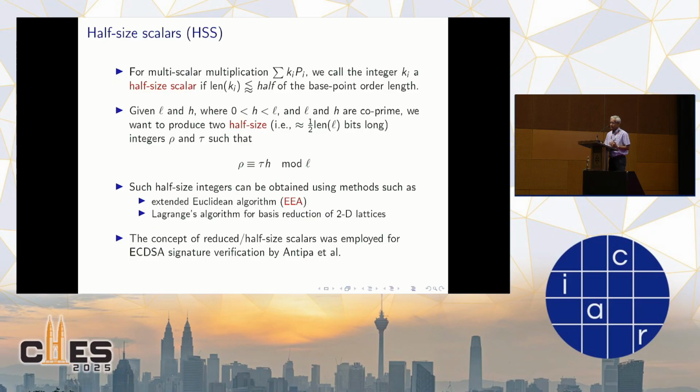One can also use the Lagrangian algorithm for basis reduction of two-dimensional lattices. And actually, this idea was proposed probably about 20 years ago when Antipa et al. were trying to improve the performance of ECDSA signature verifications.